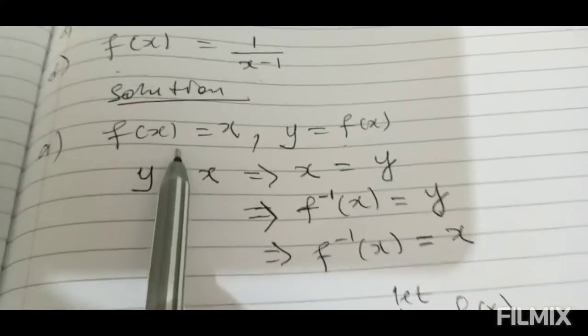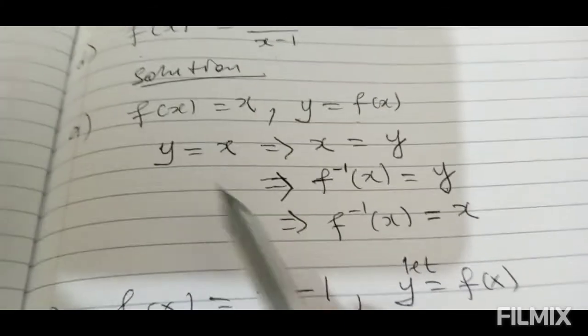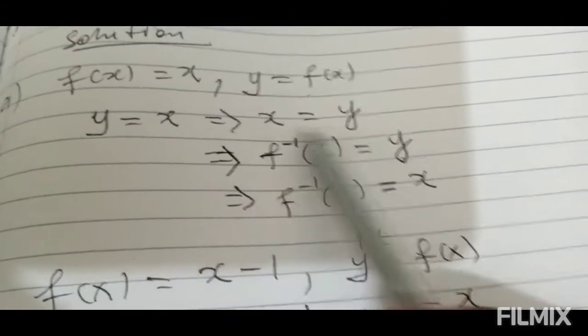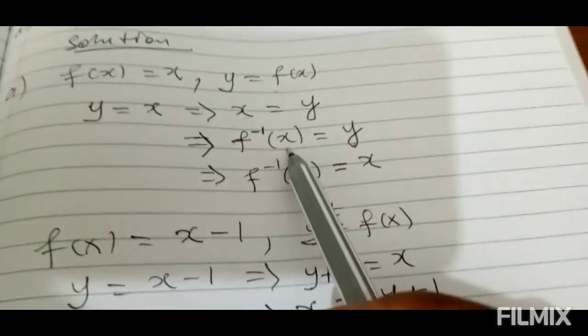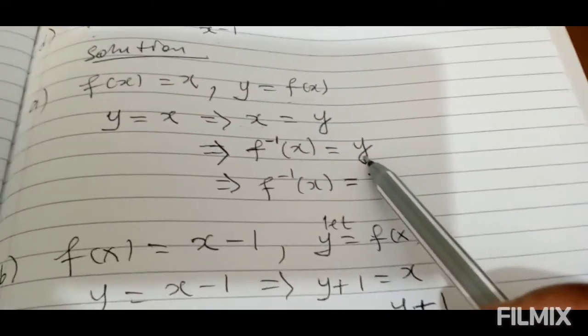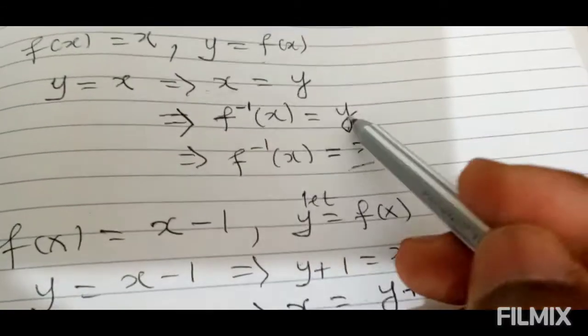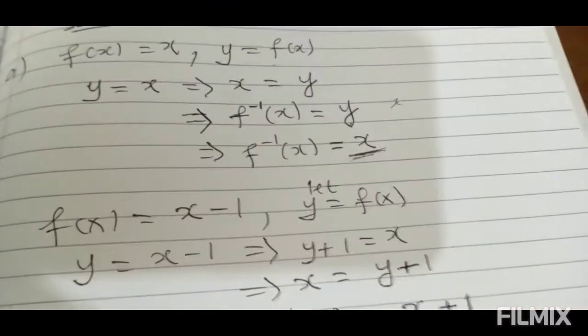So first of all, the first step is to make x the subject of the formula, and then you replace this part where there is x with f inverse of x, okay? Is equal to x rather, not this, is equal to x. I made a mistake here, okay?